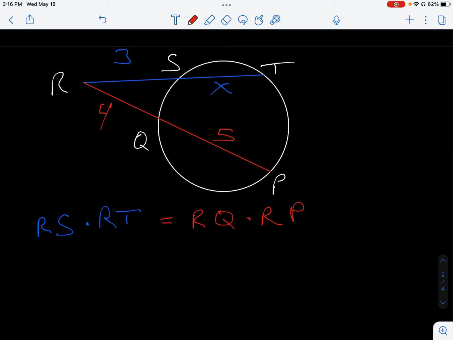So let's just go ahead and put in our figures. So RQ is 4. We're going to substitute 4 for RQ times RP. Well, RP is RQ plus QP, so it's 4 plus 5.